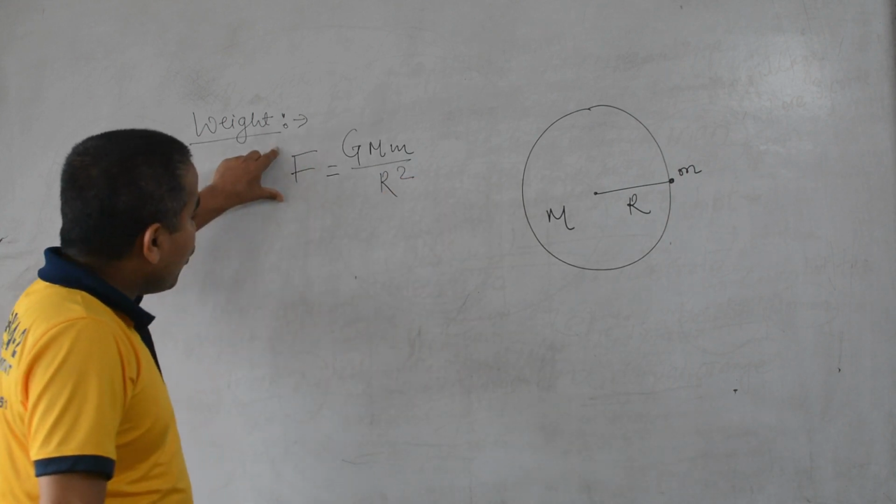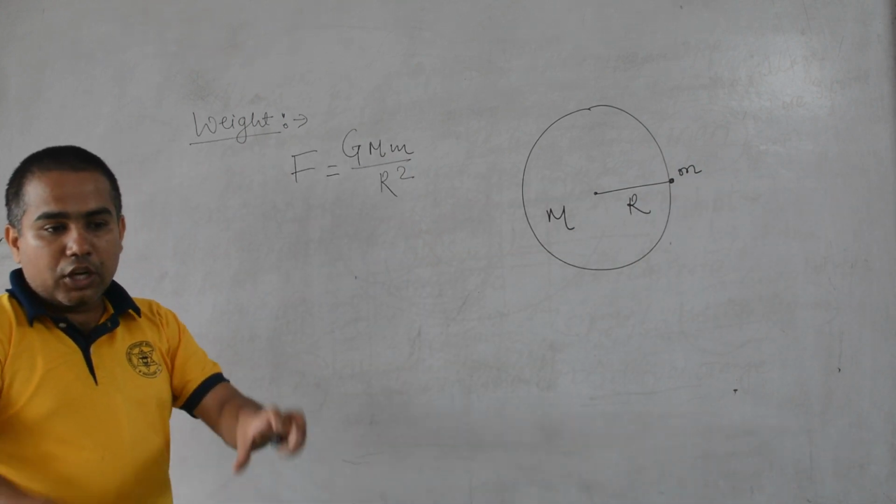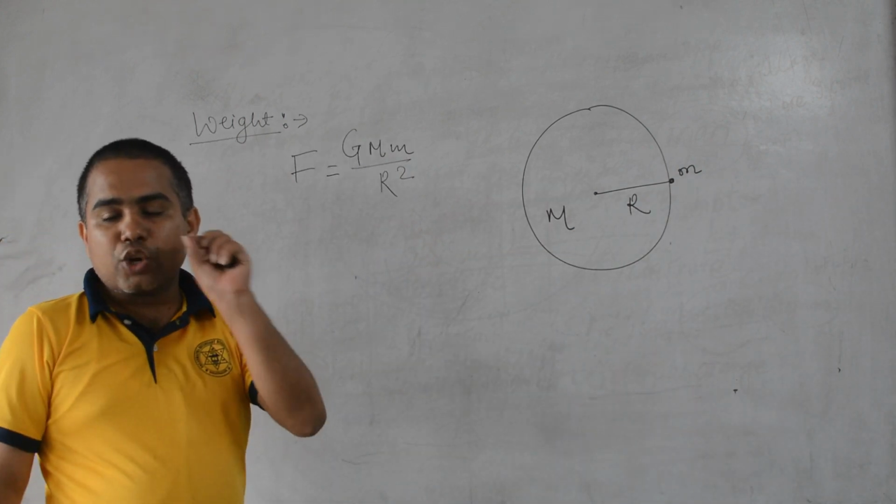So we can say this force is the effect of gravity upon this mass, and according to the definition, the effect of gravity upon a mass is the weight of the mass.